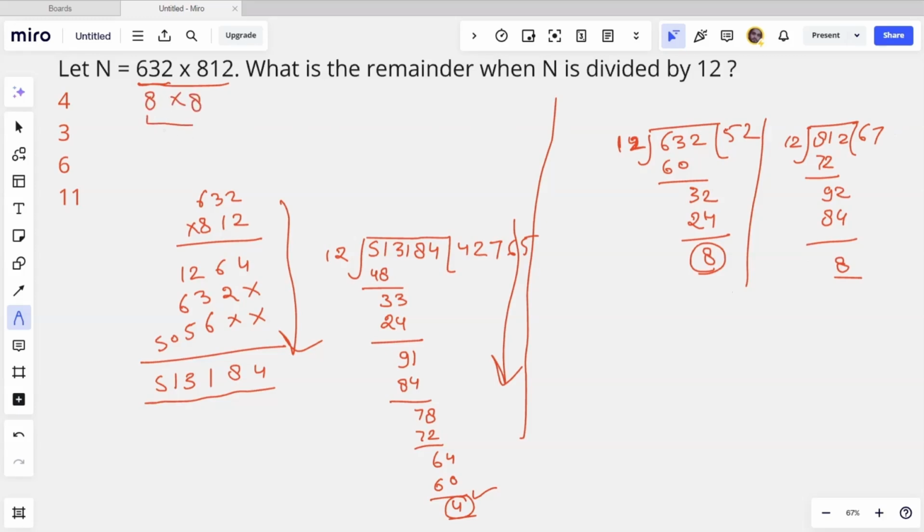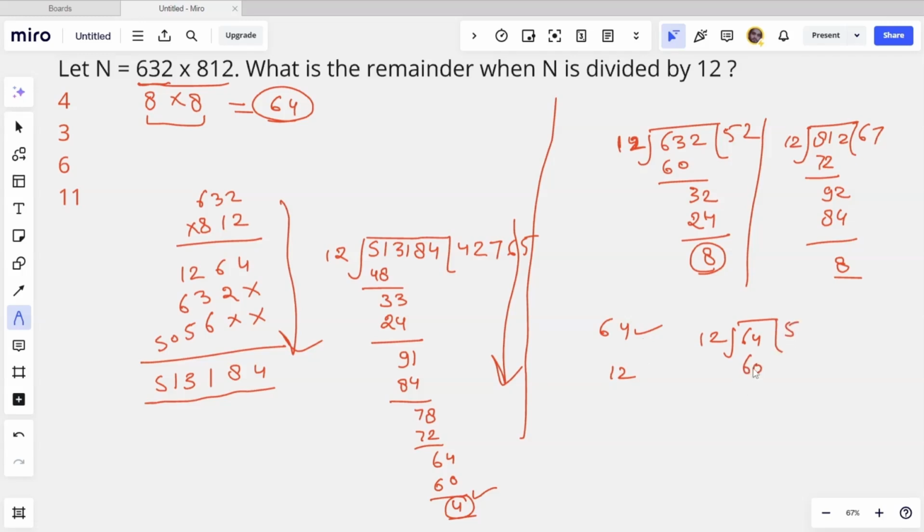As you can see, 8 into 8 is 64. This is the result, and as we know, the remainder cannot be greater than the divisor. This is our remainder and this is our divisor, and the remainder cannot be greater than the divisor. So we will further divide this number.